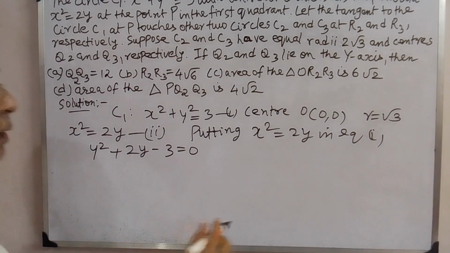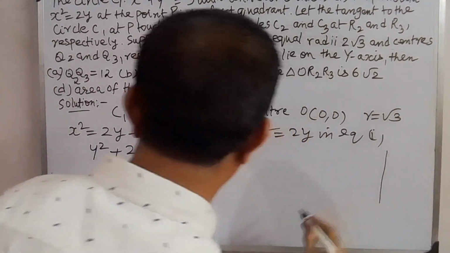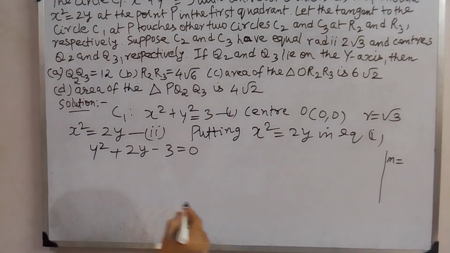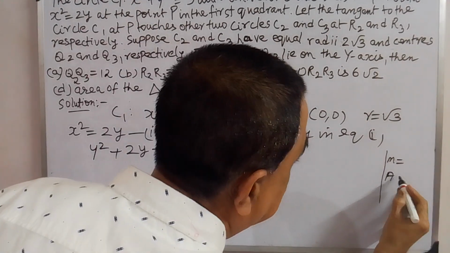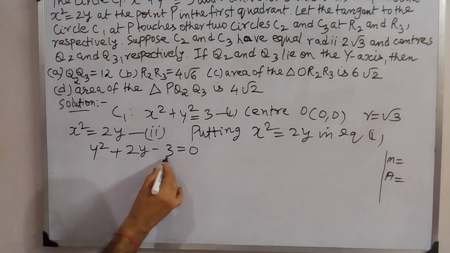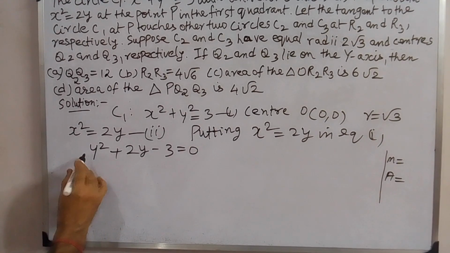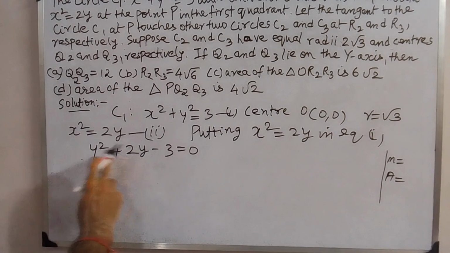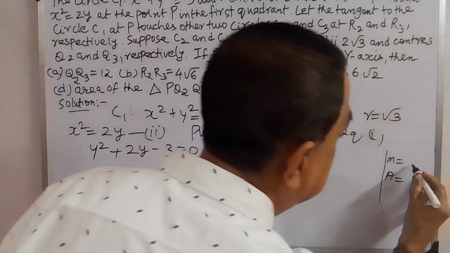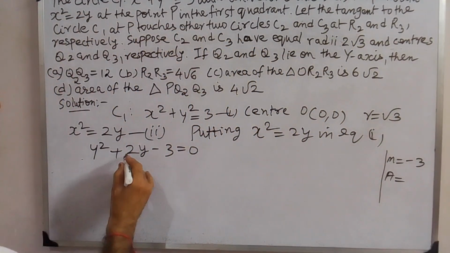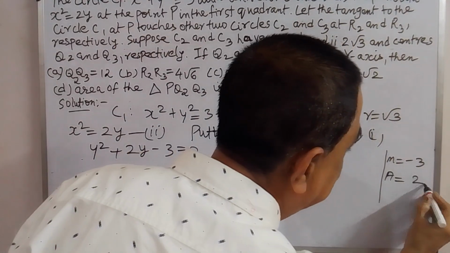Now we will solve it. We write the multiplication and addition. For the product, the coefficient of y squared, which is 1, and the constant term, which is minus 3, are multiplied, so 1 into minus 3 is minus 3. For the sum, we take the coefficient of y, which is plus 2.